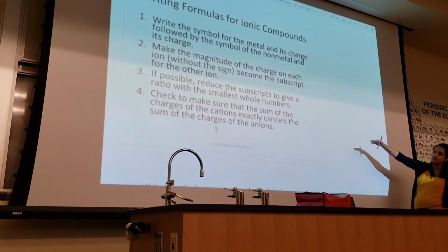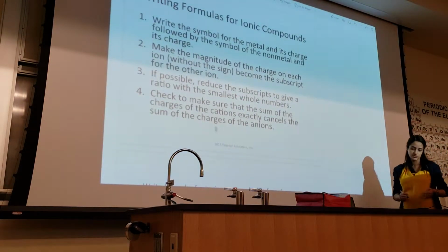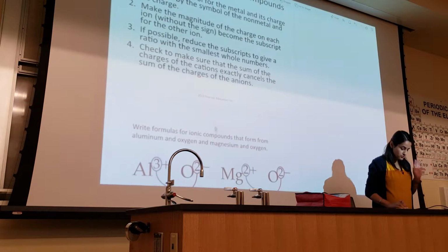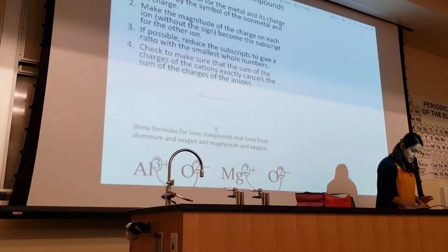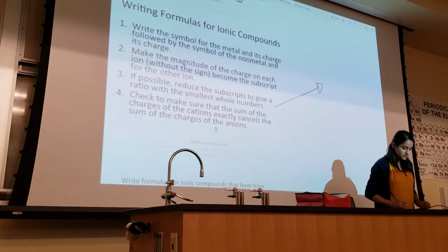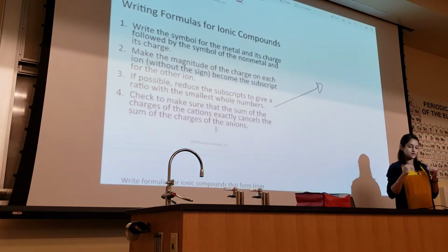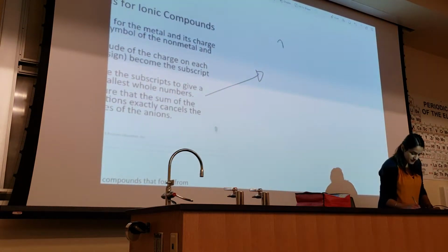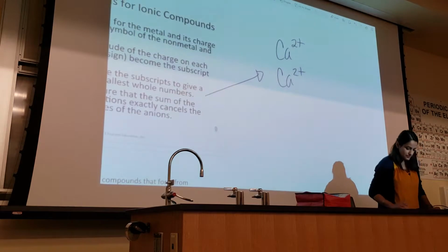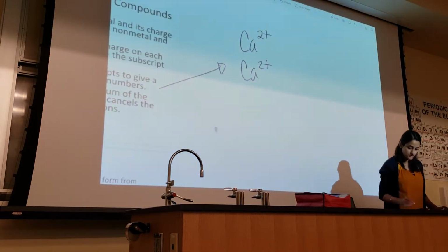What I said right here is just written out here when you're doing this. Now, you'll practice this and you'll start seeing the pattern. One of the things you have to keep in mind is you always want it in the lowest possible terms. Meaning, if I do this, now I'm showing 2 calcium ions, right?